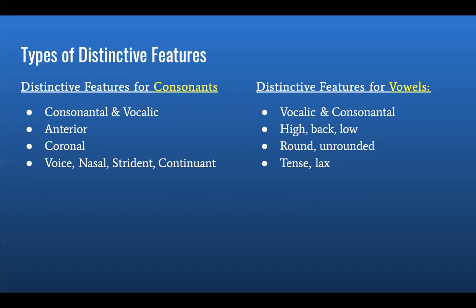And some distinctive features that we use to classify vowels are, again, consonantal and vocalic, which we use for both consonants and vowels, as well as high, back, and low, round, unrounded, tense, and lax. These terms we will go into further depth in later slides.